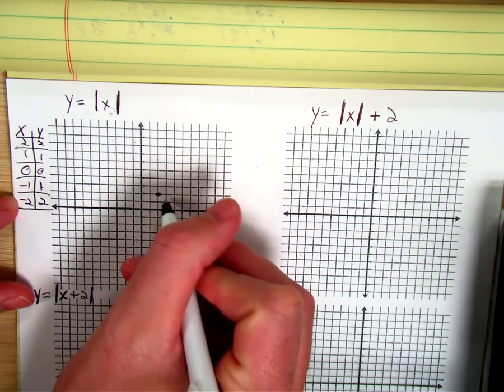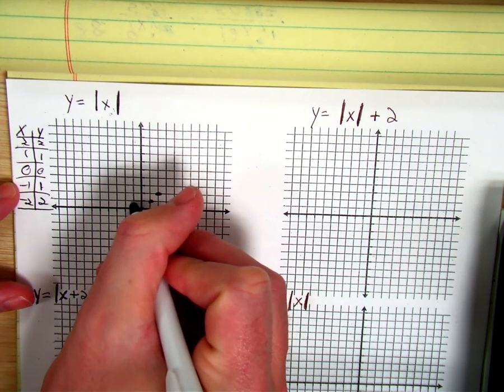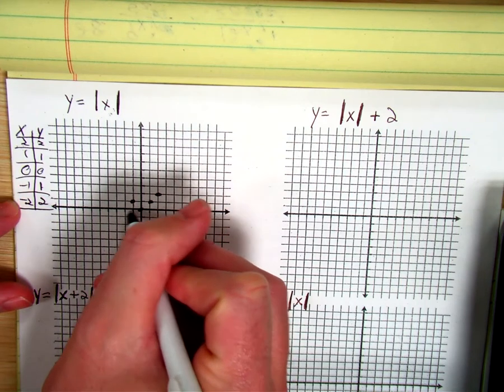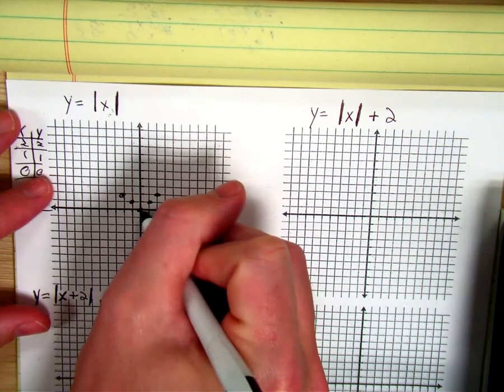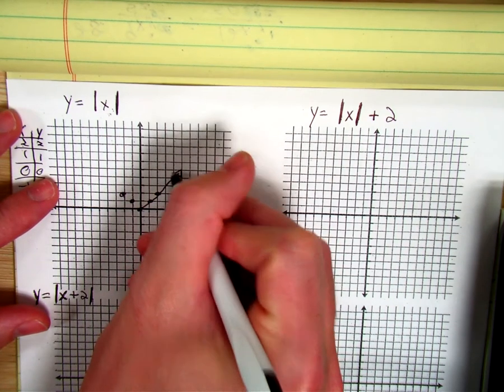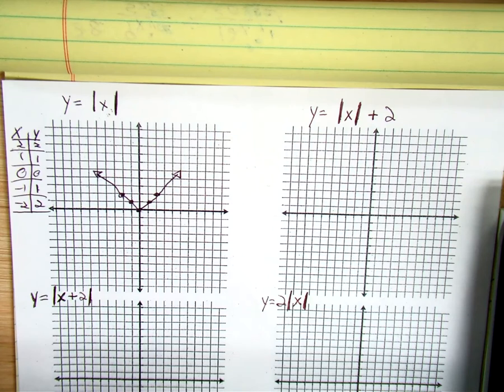So I have 2, 2; 1, 1; 0, 0; negative 1, positive 1; negative 2, positive 2. We just graph it out like that, and there's our absolute value V. Absolute value has that V, so we should know it's going to be a V graph.